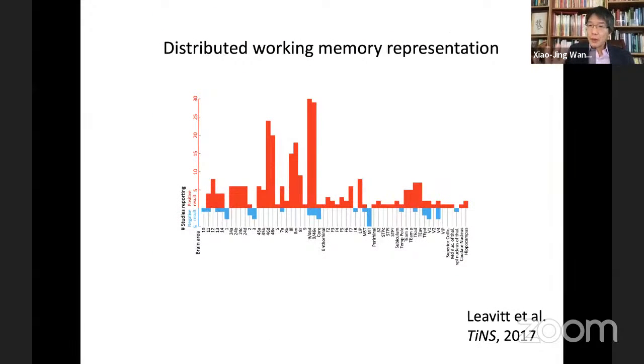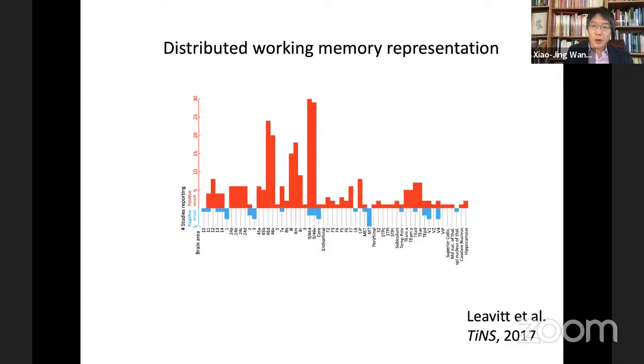So now, for the last part, I want to talk about a new story where we try to build a large-scale model with many interactive cortical areas for distributed working memory representation.